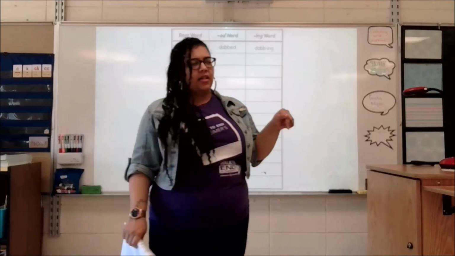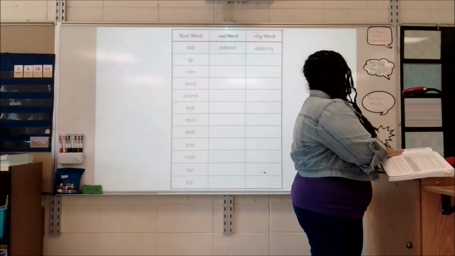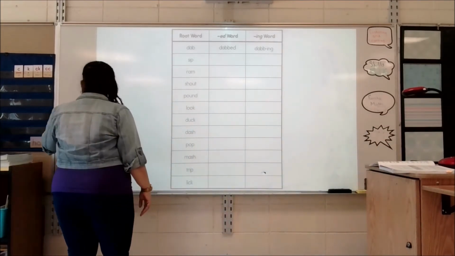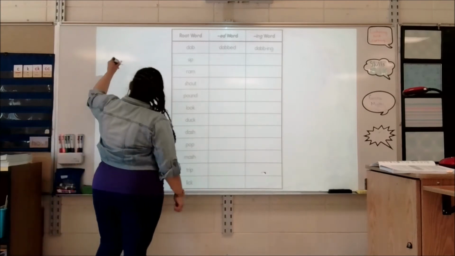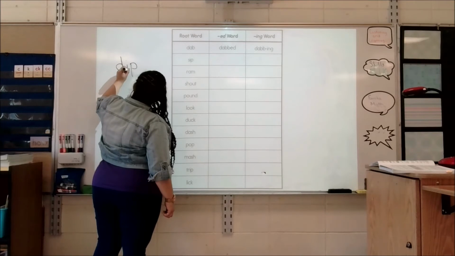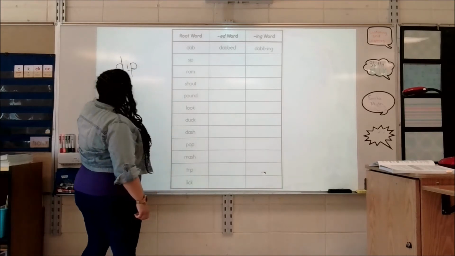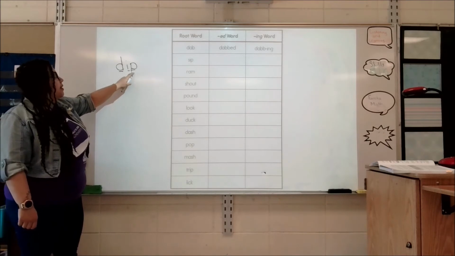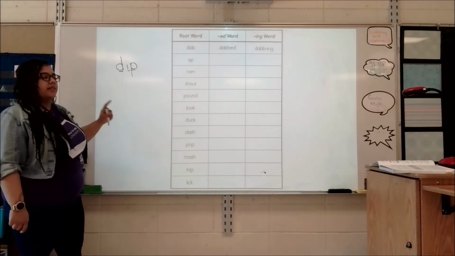Is it followed by a single consonant, like one consonant by itself? Let's write the word down. Let's look at the word. We said the word was dip. We said the vowel was a short vowel sound. Is the p followed by a single consonant?